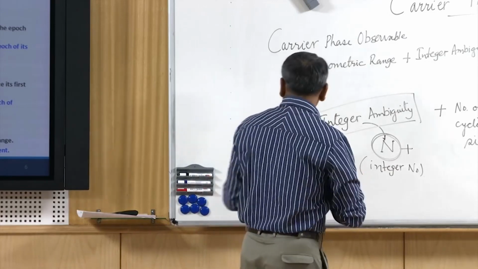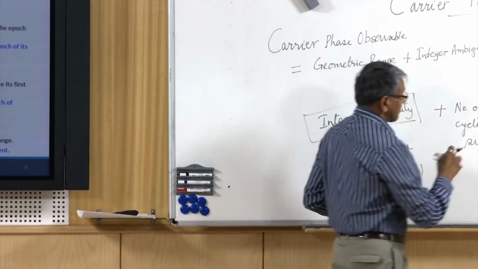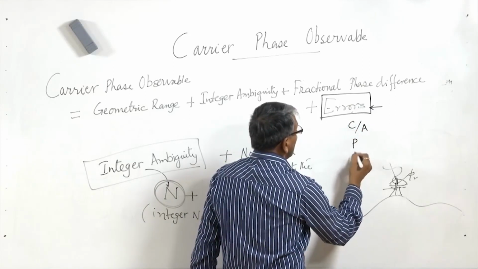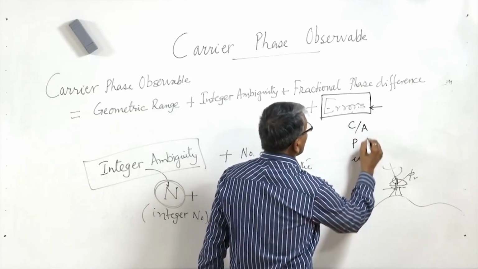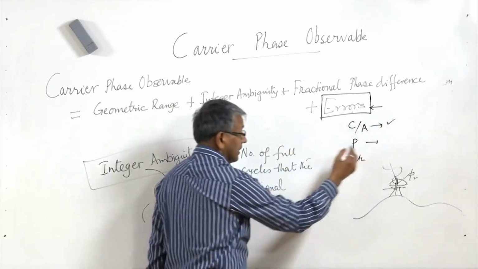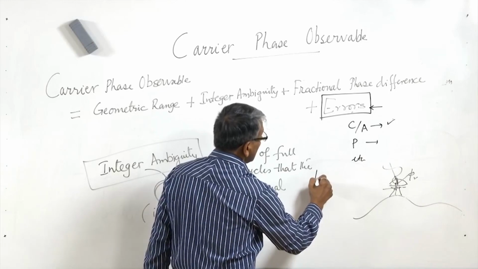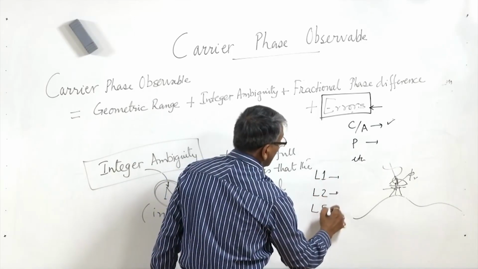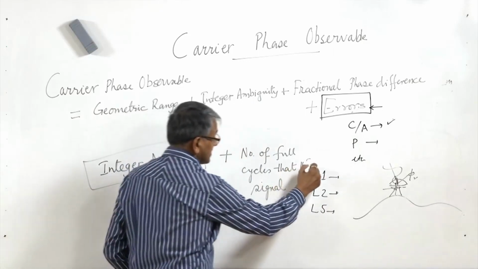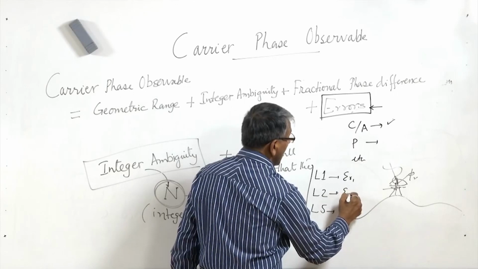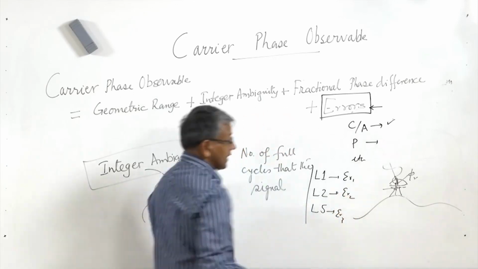As we know, we have different types of code like CA code, P code, etc. So the errors will be defined in this case. Similarly, we have L1, L2, L5 carrier frequency. For them also errors will be error 1, error 2, error 3, something like that.